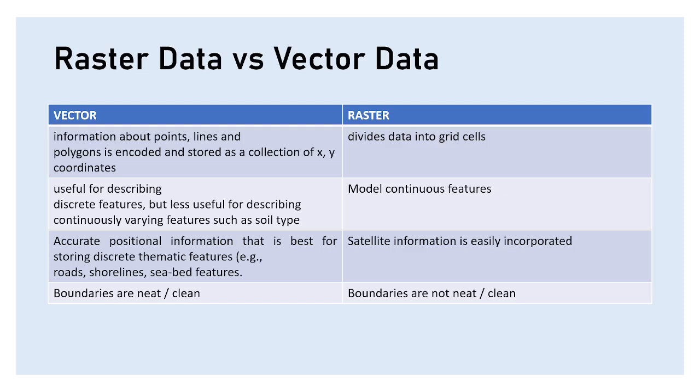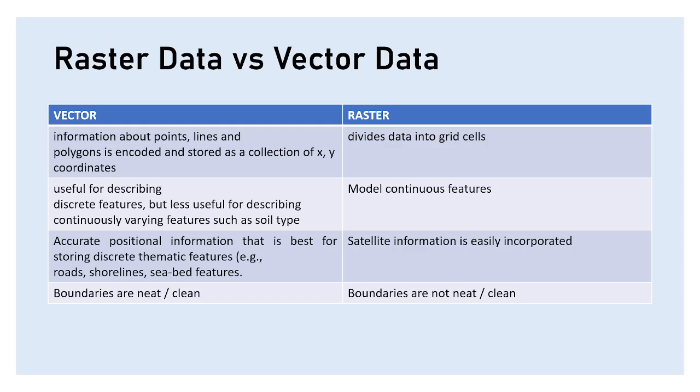Raster data can model continuous features. However, vector data can model the discrete features much better than the raster data. For accurate positional information, vector data is best for storing discrete thematic features like roads, shorelines, seabed features. But that's not very feasible in the case of raster data, because sometimes raster data simplifies the features a little bit if it's not continuous.